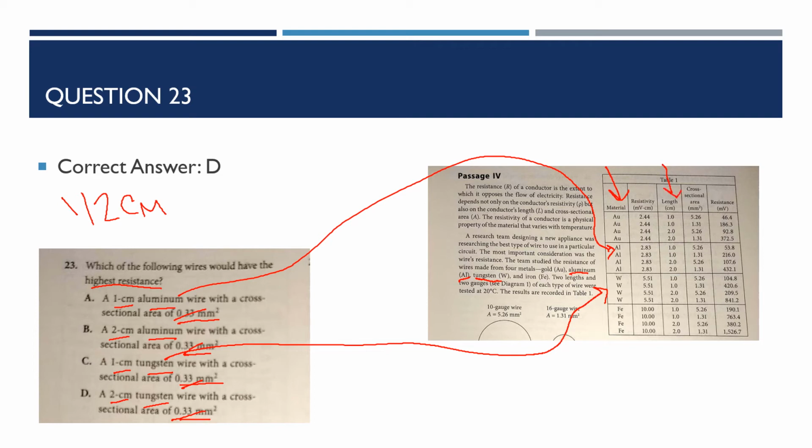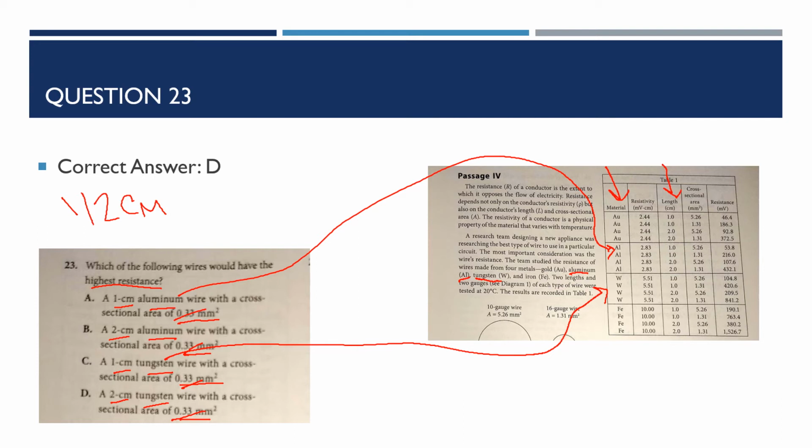Now I can decide if it's 0.33 with this cross-sectional area, then that relationship must be the same. It has to be the same between tungsten and aluminum no matter what the length is.